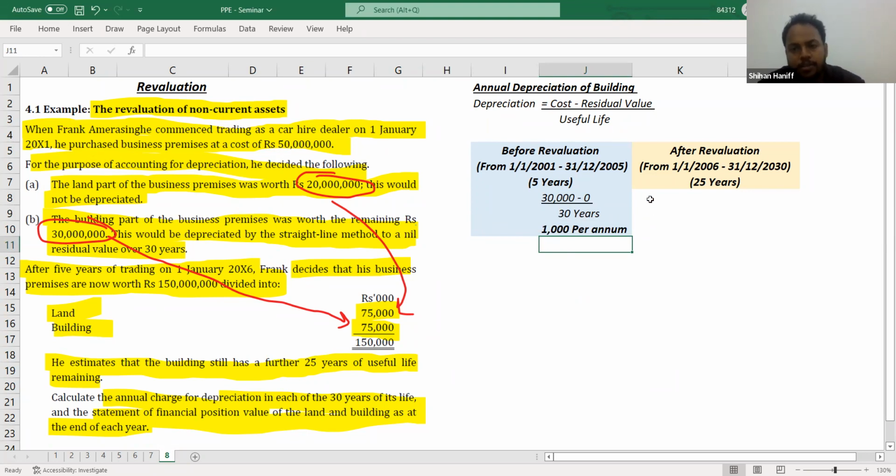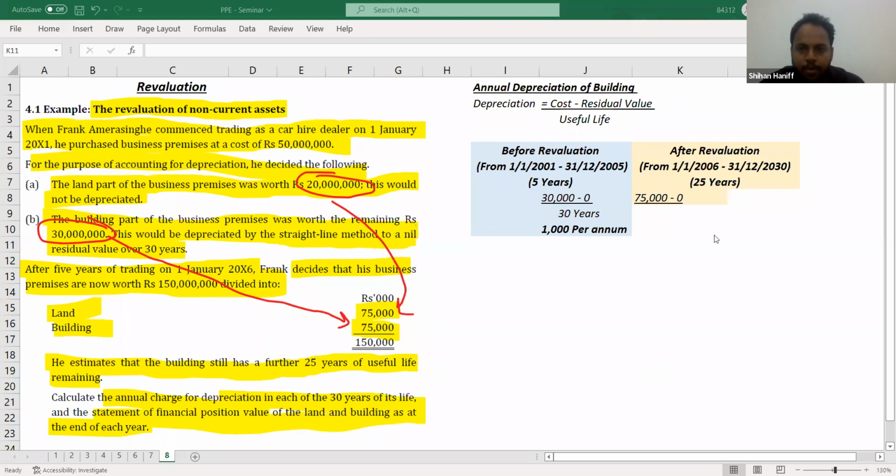After the revaluation, the building value is 75,000 and no residual value. Annum means year, per year.